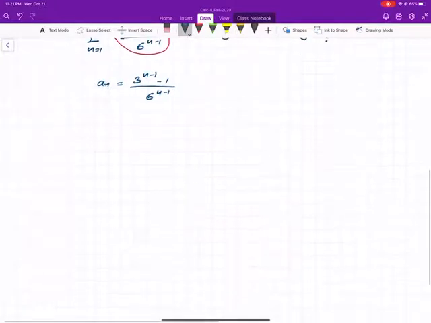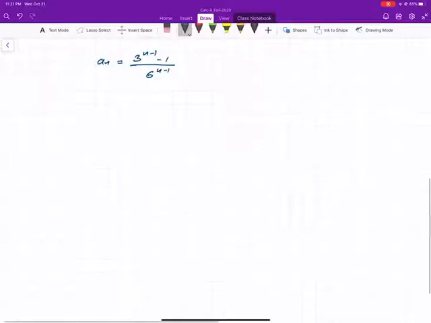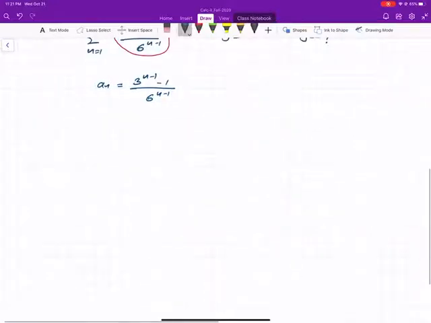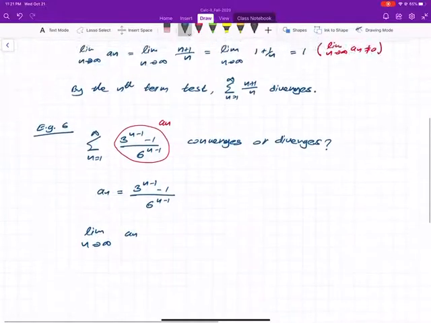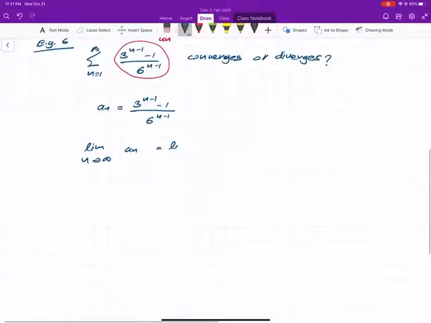Alright, now just use our approach. You have to send n to infinity. So let me write this. Limit n goes to infinity, you have to find an. Limit n goes to infinity, an. Alright, this equals limit n goes to infinity, 3n minus 1 over 6n minus 1.